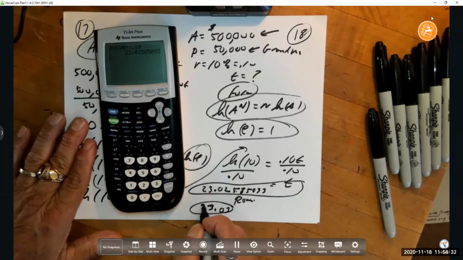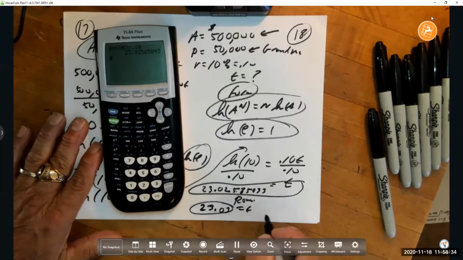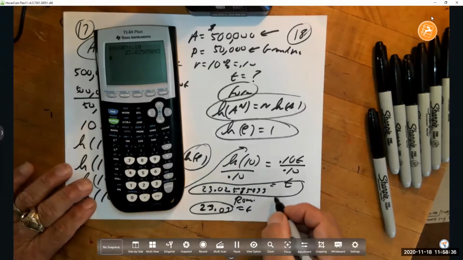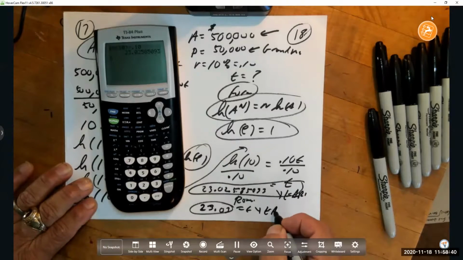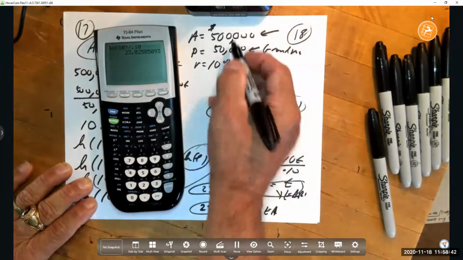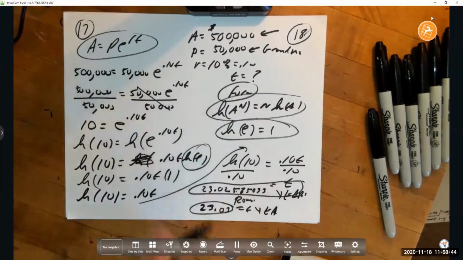Sounds good. Years. Years for what? For grandma's house to go from $50,000 to $500,000 at 10%, of course. Alright, got that one done.